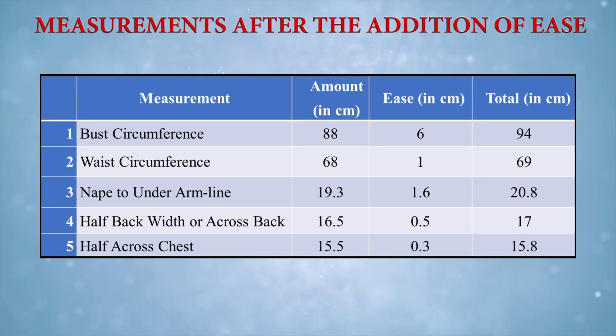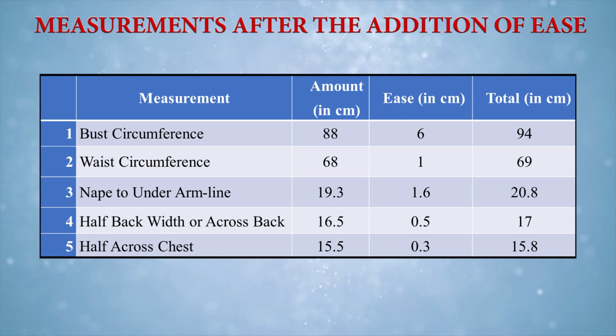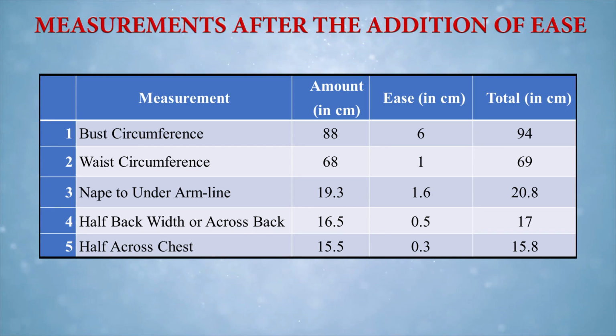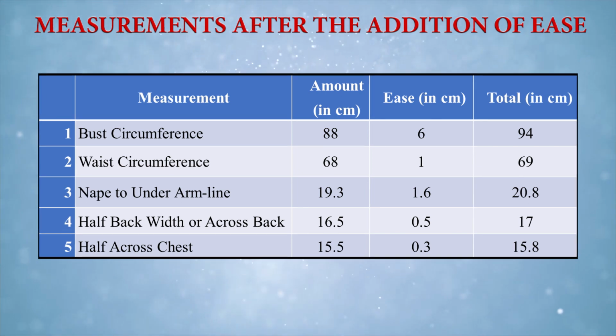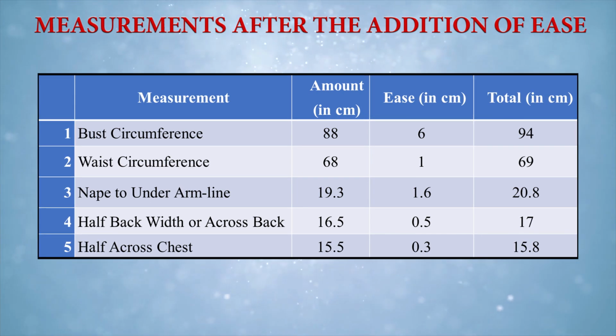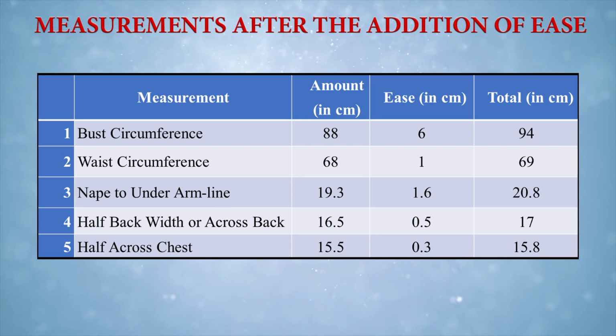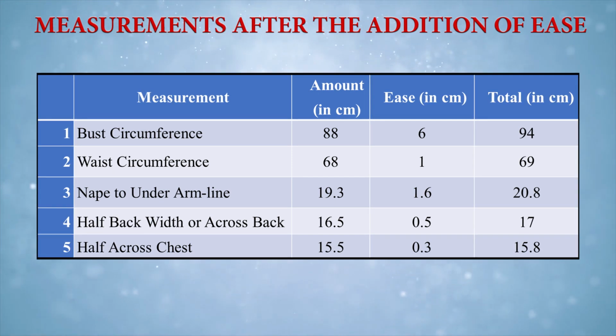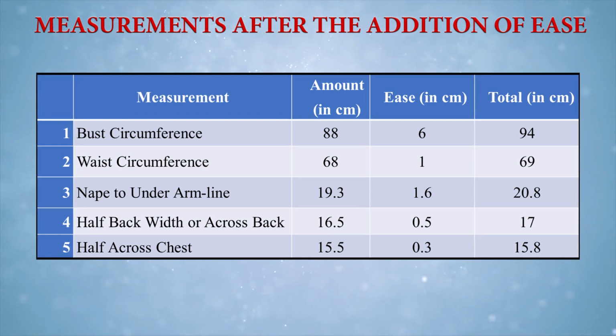So we add only 1 centimeter of ease on the waist, and like that, nape to underarm line we add 1.6 centimeter of ease, and so on. So you can find this table and calculate how ease is added on the pattern.